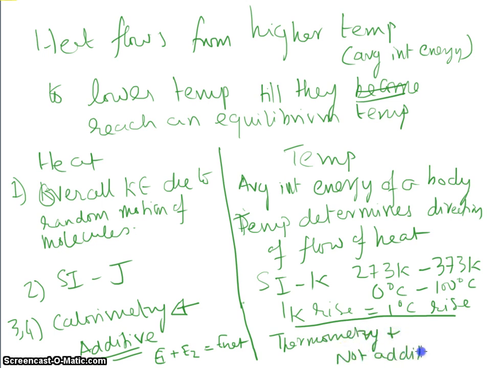If I mix 2 beakers of water, one at 60 and the other at 90, then the net temperature will not be 150, it will be somewhere in between them, so it's not additive. So those are the key differences. I think that's pretty much it for our revision module. So next we will study calorimetry in the 10 syllabus.